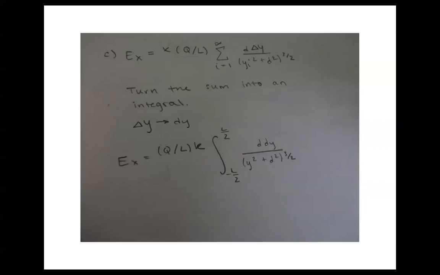Now, we turn our sum into an integral. This change causes delta y to become dy, giving us E sub x equals q divided by L times k times the integral from negative L over 2 to positive L over 2 of d dy divided by y squared plus d squared to the 3/2.